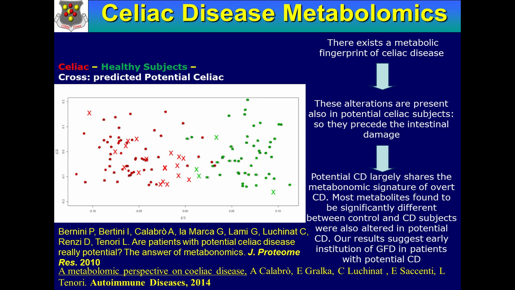Even more interesting is that we looked at potential celiac people, who are people who have the antibodies typical of celiac disease but don't have intestinal damage.